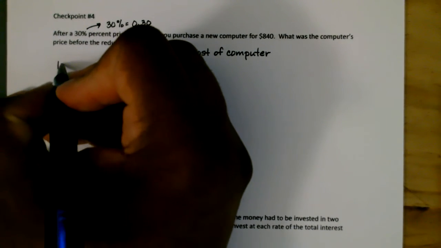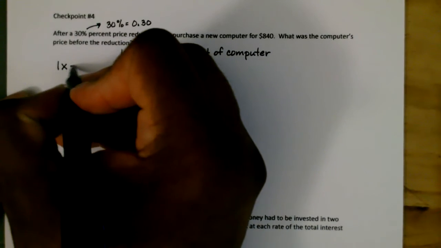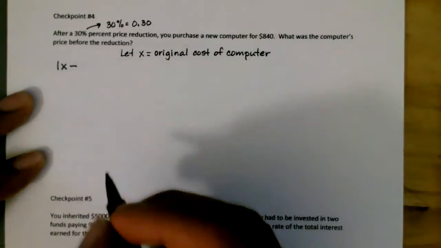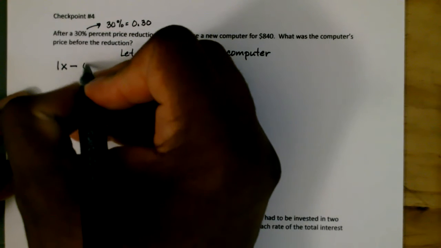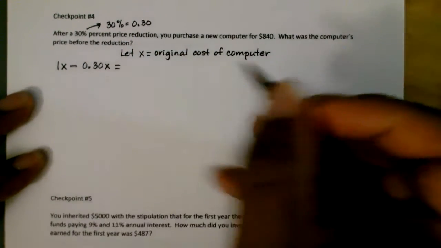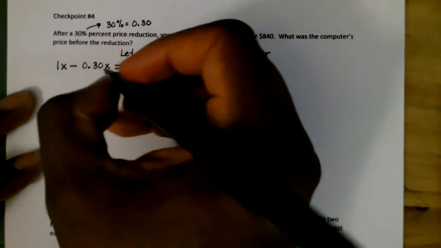So in this case, the cost of the computer will be X or just 1X. And we're doing a reduction, so we have to subtract 30% of the original cost of the computer. So it'd be 0.30 times X. And then that's going to be equal to the purchase price of $840.